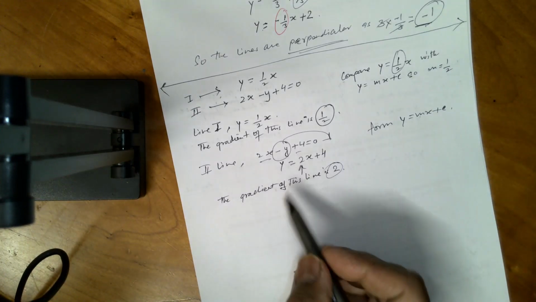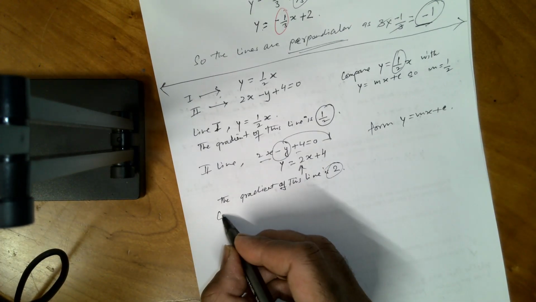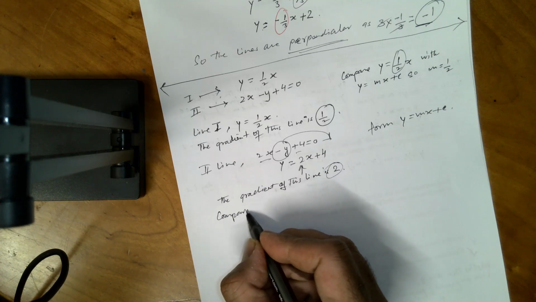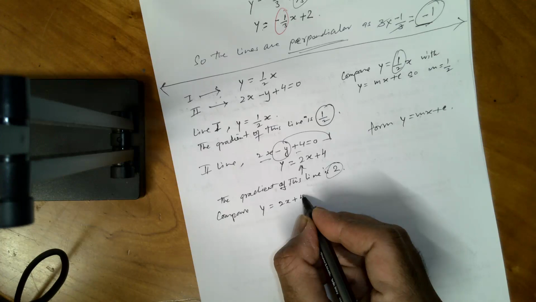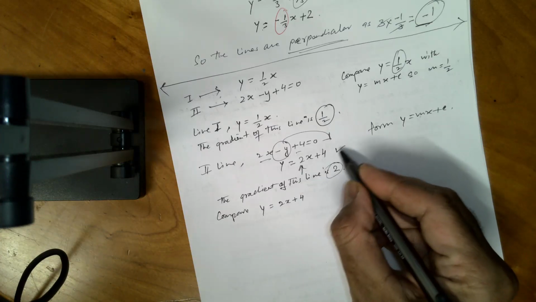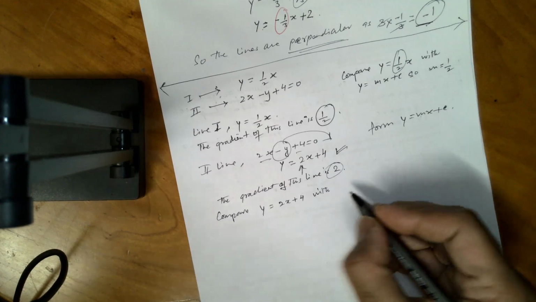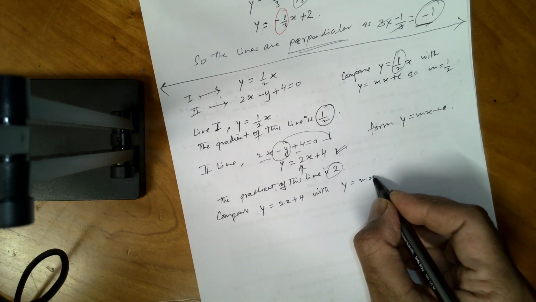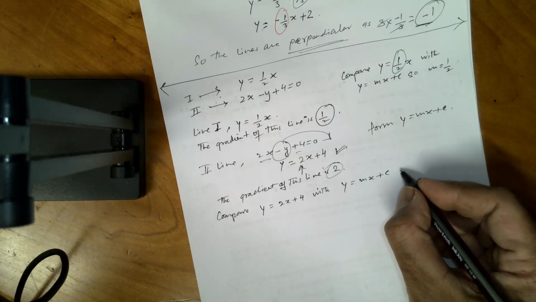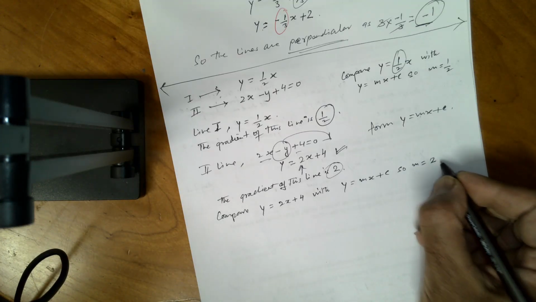Let's write this down, because you have to explain everything. Now what you do is compare y equal to 2x plus 4 with y equal to mx plus c, so m is equal to 2. Please do write this.